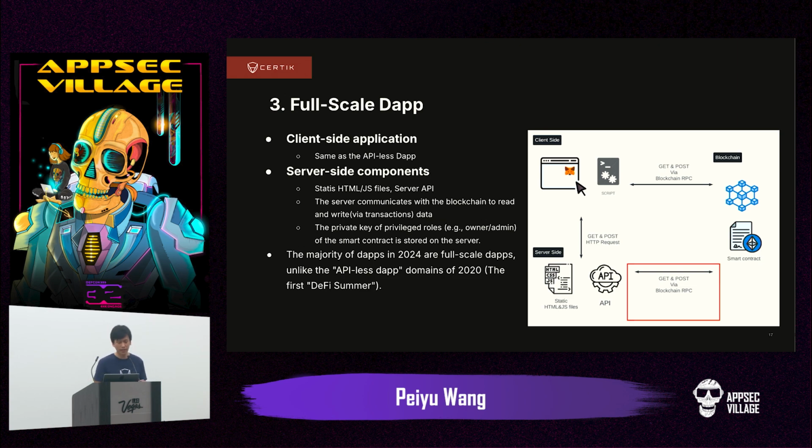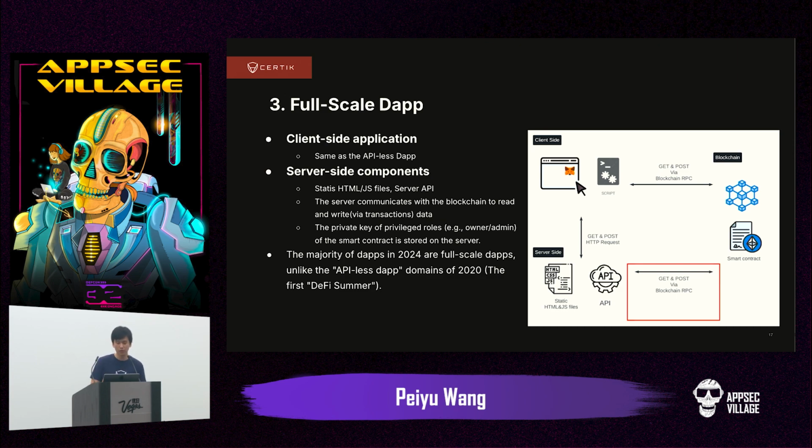And now let's move to the full-scale Dapps. In full-scale Dapps, the backend is going to talk to the smart contract, read data or send transactions. Oftentimes in a full-scale Dapp, the smart contract will have privileged functions, and the private keys of the accounts that can call those privileged functions are stored on the backend server.